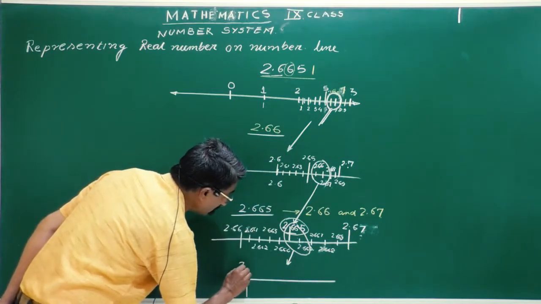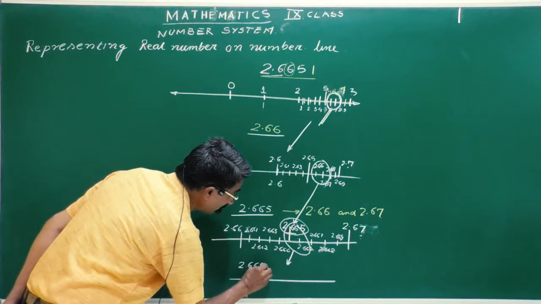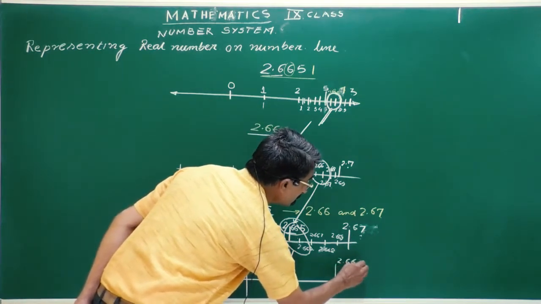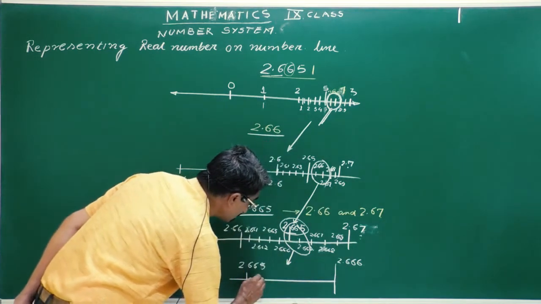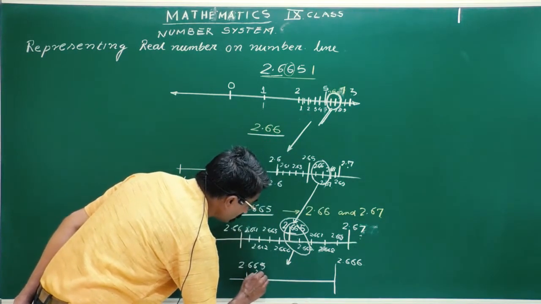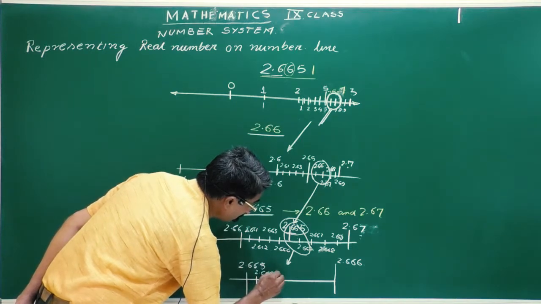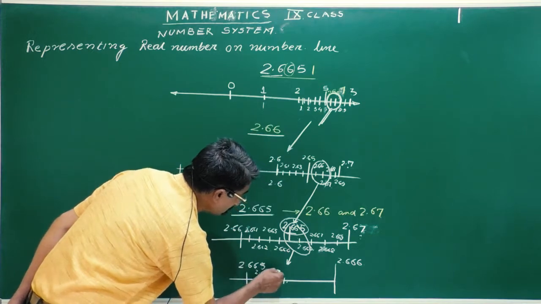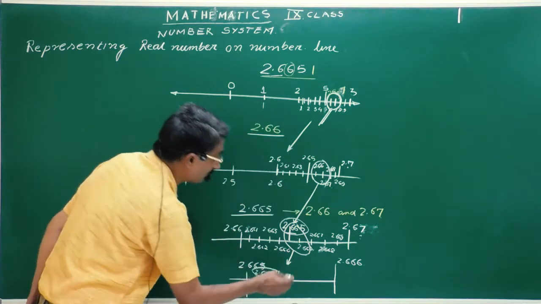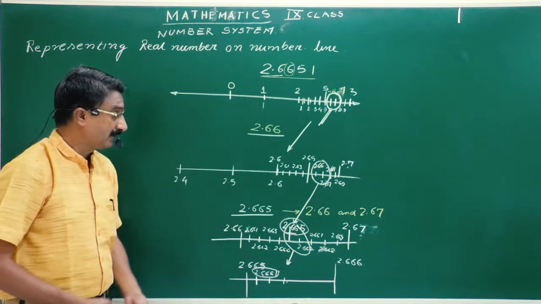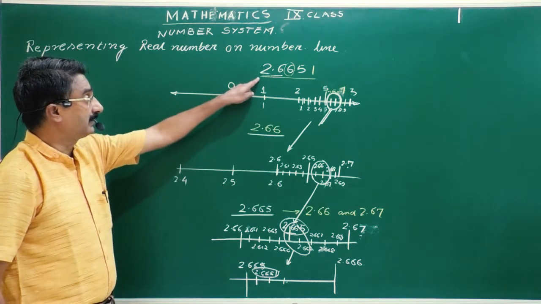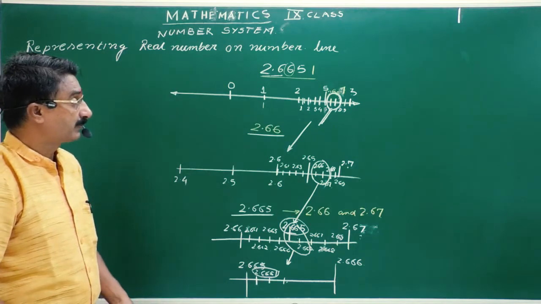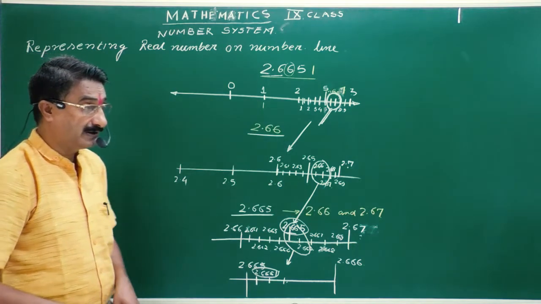This is 2.665 and say this is 2.666. So this is 2.6651, second will be 2, 3 and so on. So in this way we can mark rational numbers on the number line by the process of magnification. Clear?